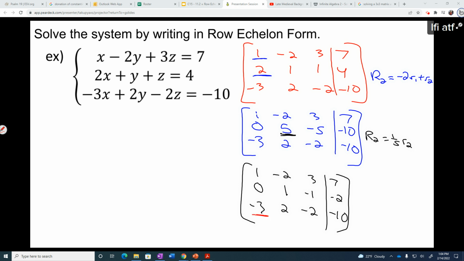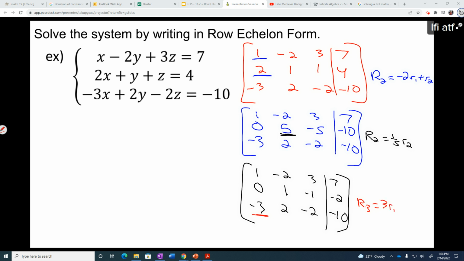That needs to be a 0, which means we're going to multiply and add. We're in row 3. What are we going to multiply? R1 by 3, because then this will become 3, adding -3, which is 0.